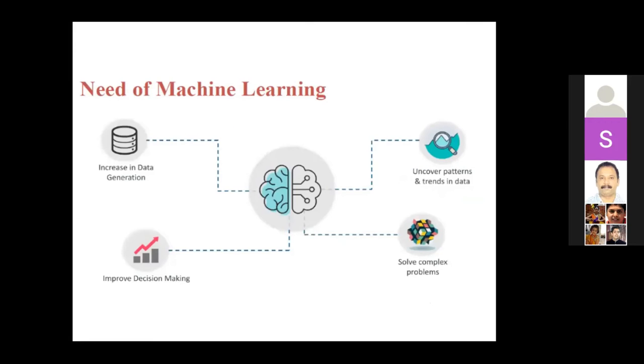You have to visit machine learning again, and you should understand why we are forced to revisit these technologies. Machine learning was already in existence, but now there is an increase in data generation, which will help us solve complex problems by uncovering patterns and trends in the data, and that will help enterprises and technical engineering education in improved and enhanced decision making.